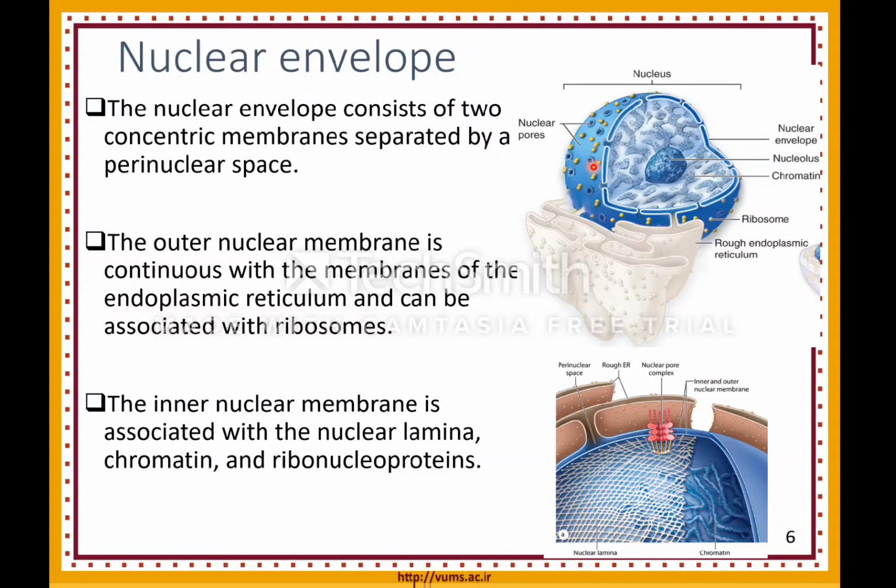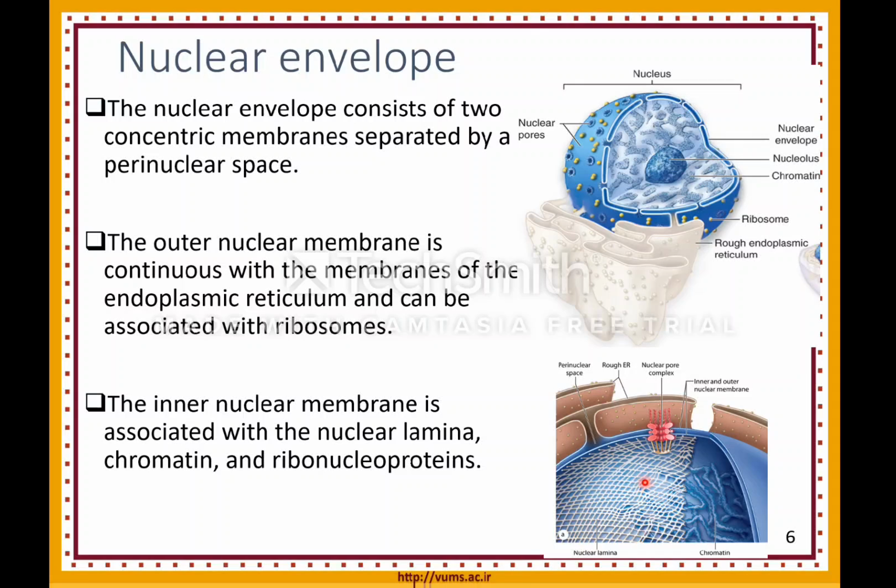The outer membrane of the nucleus is continuous with the rough endoplasmic reticulum. It can also associate with ribosomes. This is a reason for the economy of the cell, because the ribosomes are synthesized in the nucleus, they should transfer to the RER and also to the cytoplasm for production of protein.